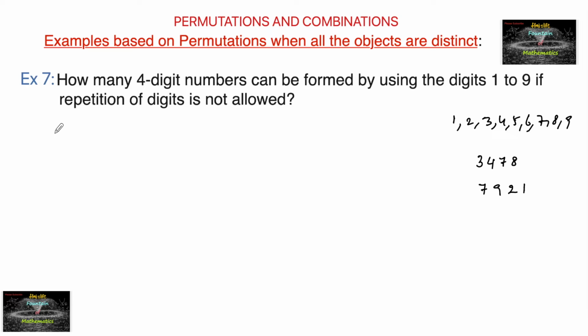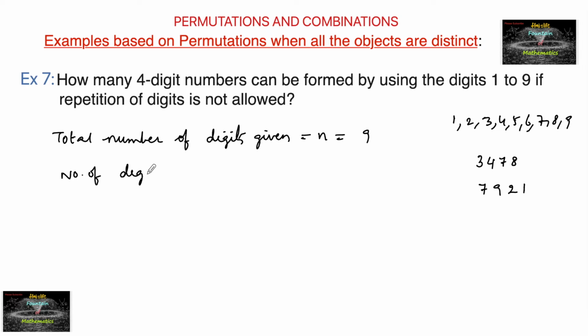So, given here, total number of digits given, which is equal to n, is nothing but how many digits are given here? 9. And how many should you take at a time?